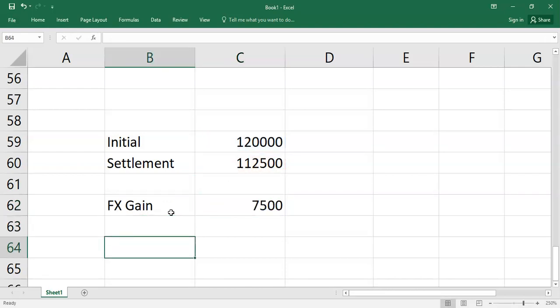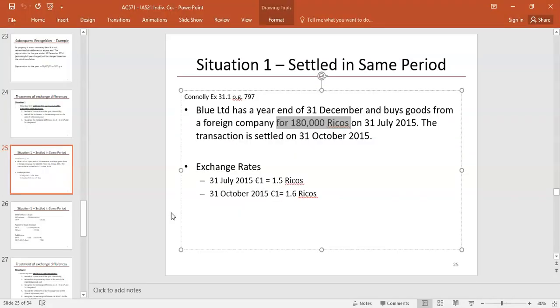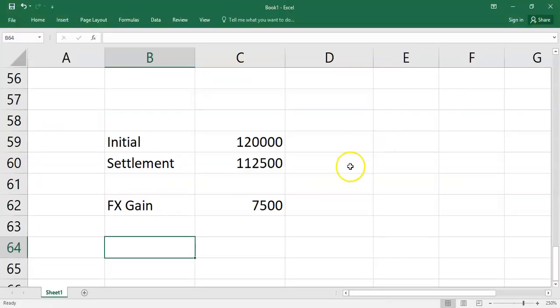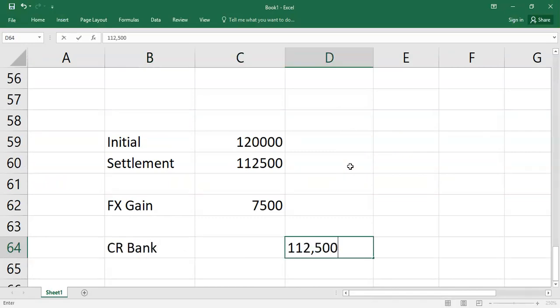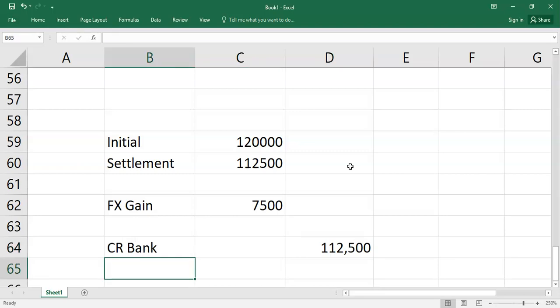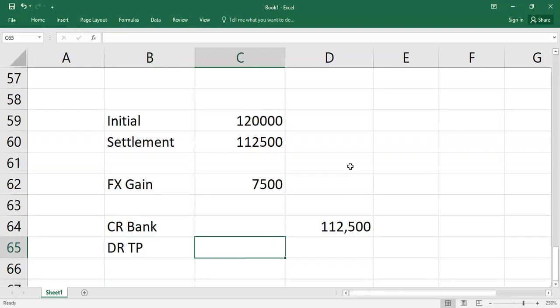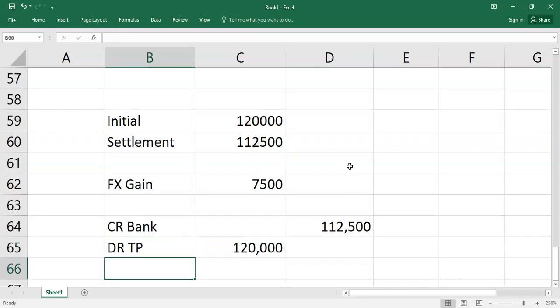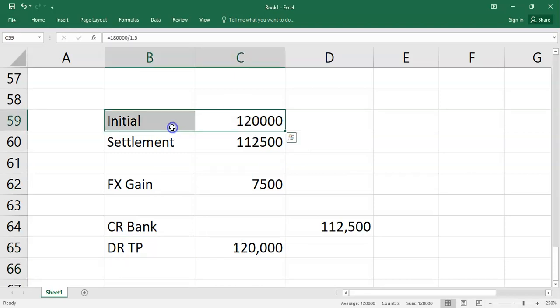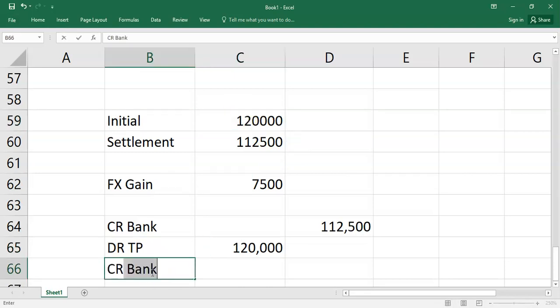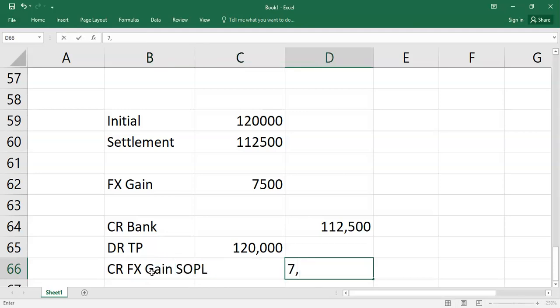7,500. Now, there's two ways to go about this. You can either do one net journal like we will, or you can do them separately, and either is fine. So you're going to credit bank 112,500, which is the actual settlement amount on the 31st of October. You're going to clear out trade payables, the 120, like we just did in the previous example, because that's the only 120 that was there, the initial recording. And then you're going to credit FX gain in the SOPL 7.5.